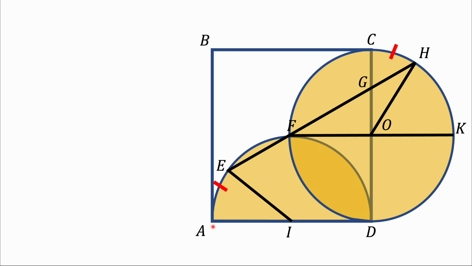AE will be the same length as CH if and only if the central angles that intercept those arcs are congruent. So if I is the center of this bottom half circle, in this case the angle AIE should be congruent to angle COH.